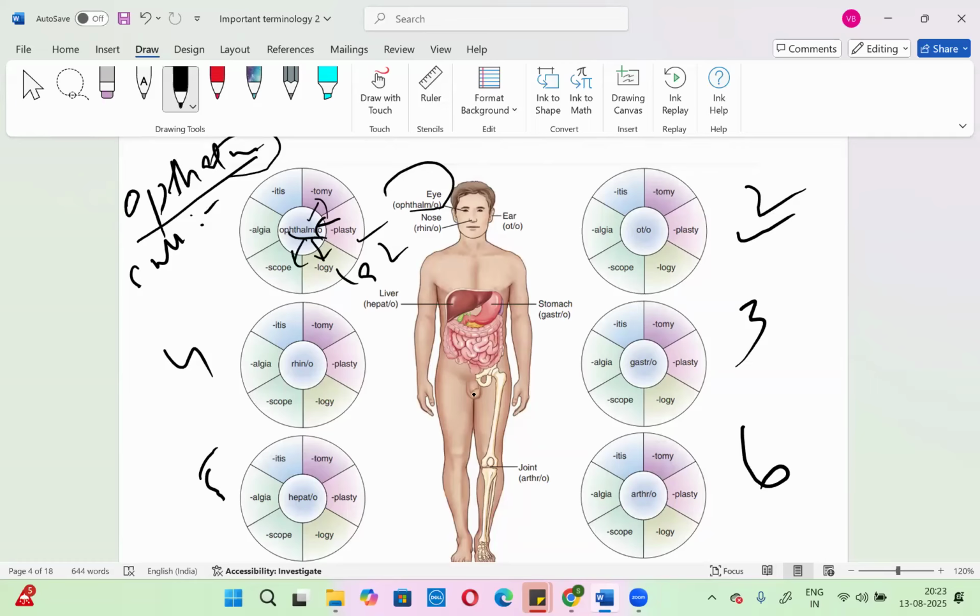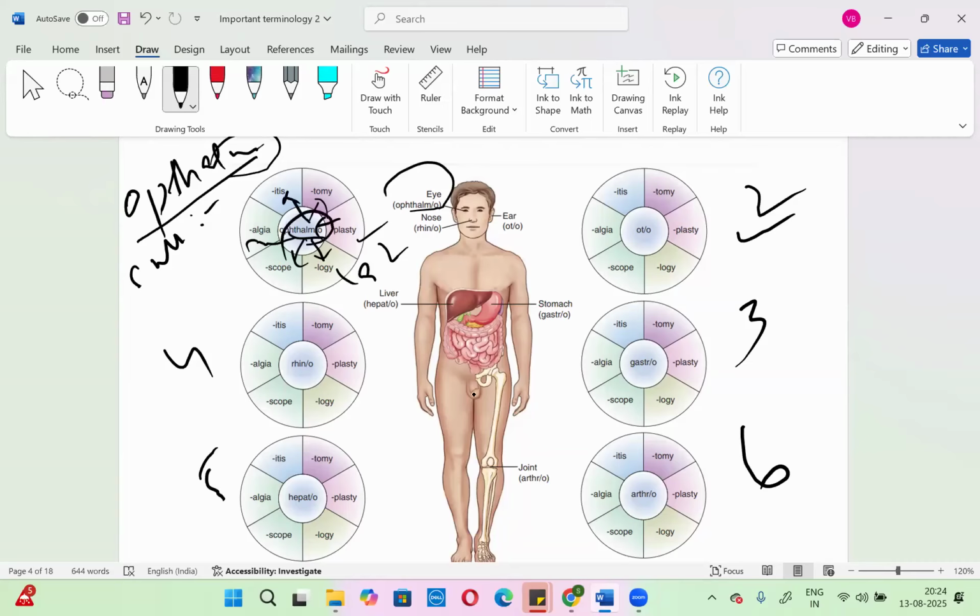What is scopy? We have seen examination. Examination of the eye. Next comes ophthalmalgia. What is algia? We have seen pain. Okay, pain in the eye. Next comes ophthalmitis. What is itis? Inflammation. Ophthalmo is nothing but eye.